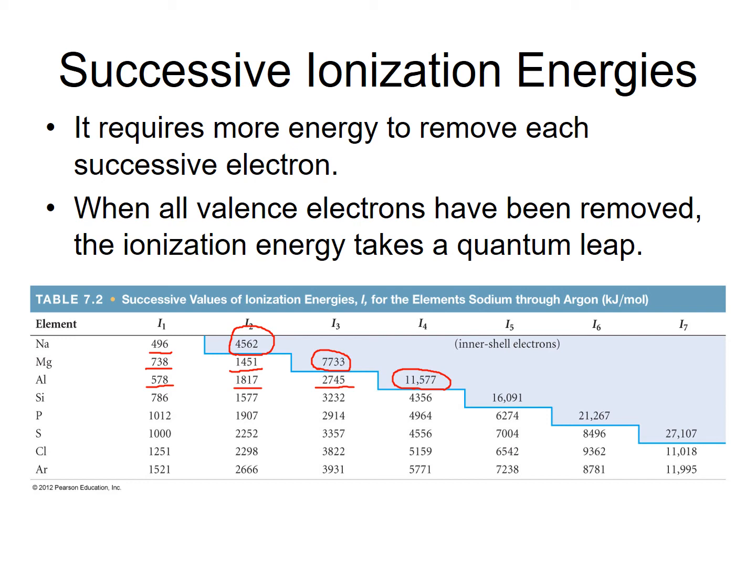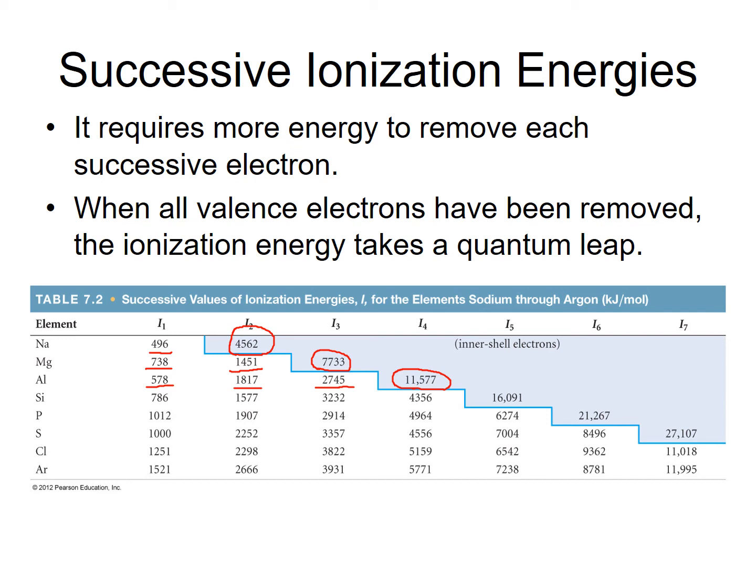Well, what's the explanation for this? The explanation is simply that in magnesium, the first two electrons come from the valence shell, from the last filled shell, and then the third electron has to come from an inner shell, and that takes a lot more energy.